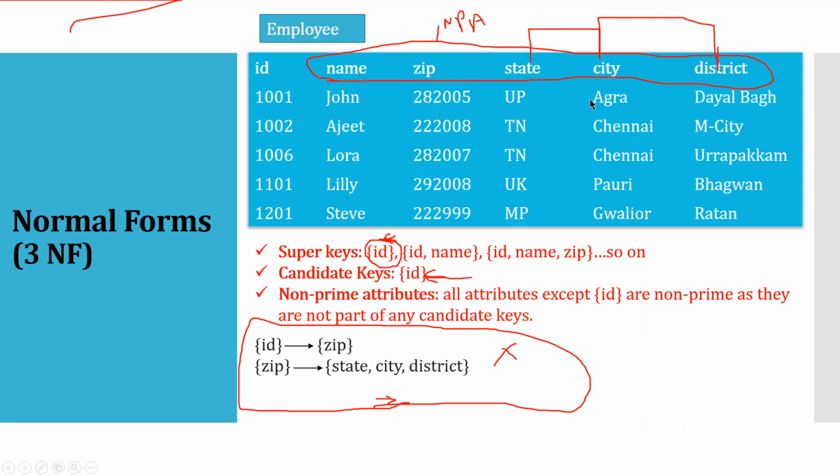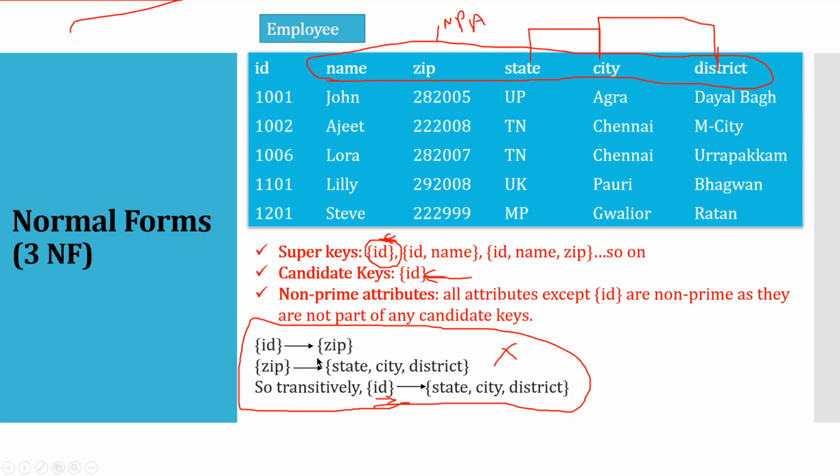So if these two are functional dependencies, then we can create one transitive functional dependency: ID determines zip, zip determines state, city, district. So ID ultimately determines state, city and district. Am I clear with this? So this is the transitive dependency we have created.